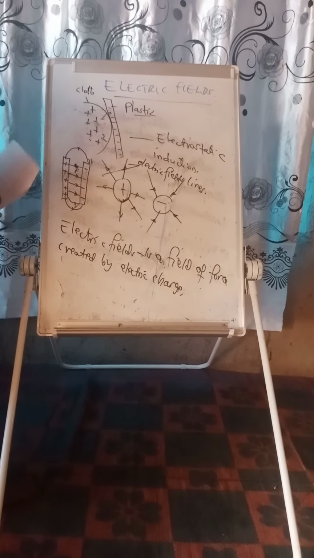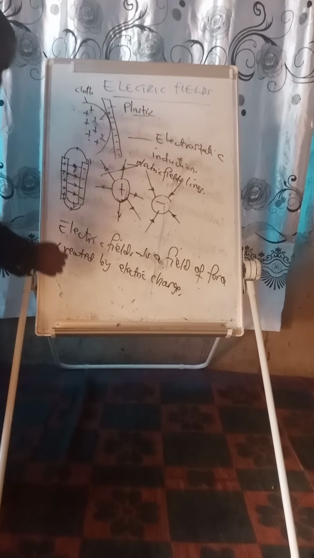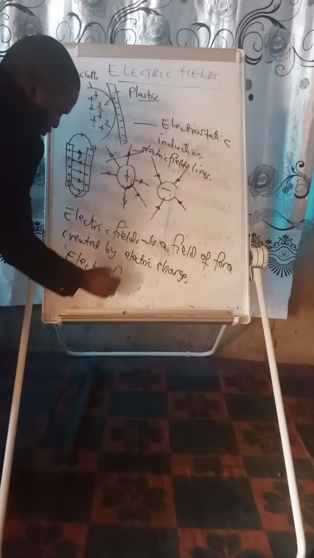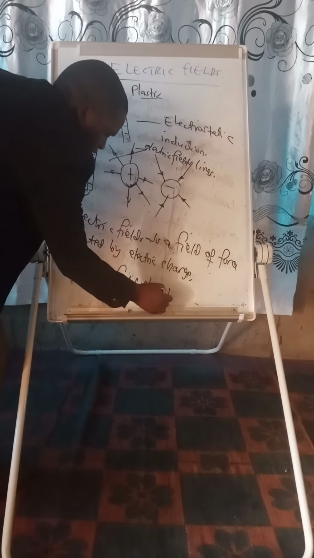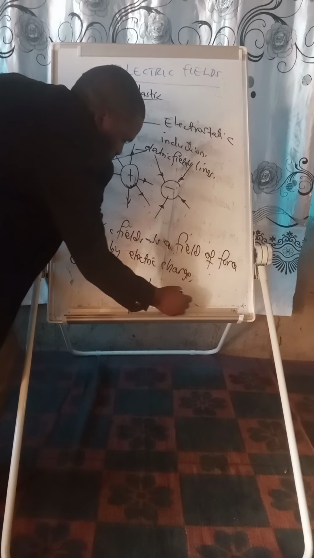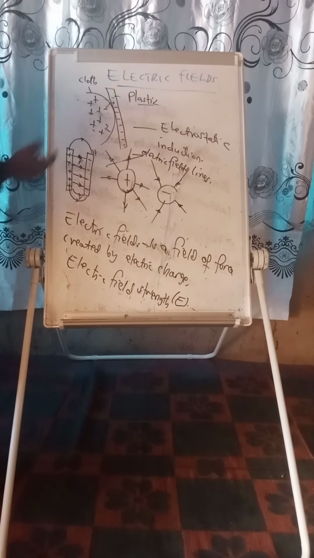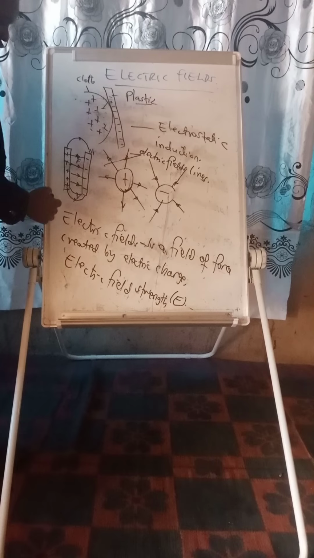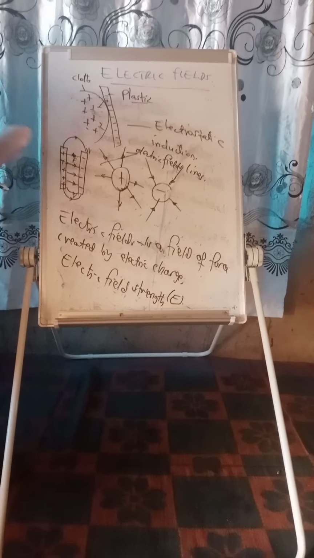Here you can also find that there is electric field strength, which is represented by the letter E. Electric field strength is force per unit charge. Force per charge.